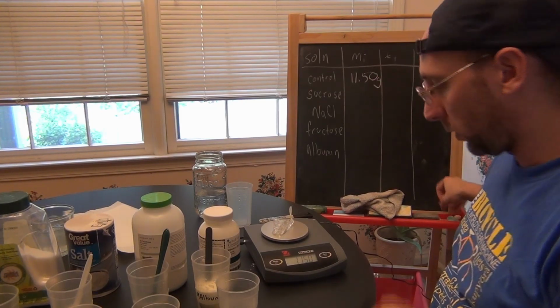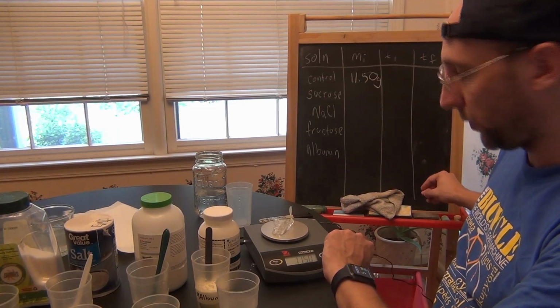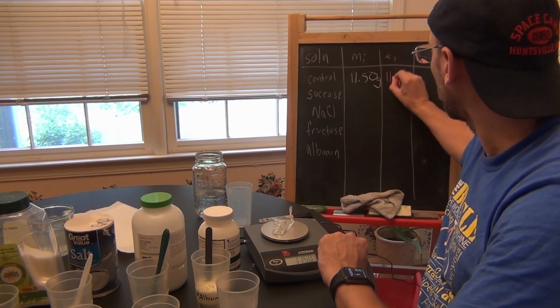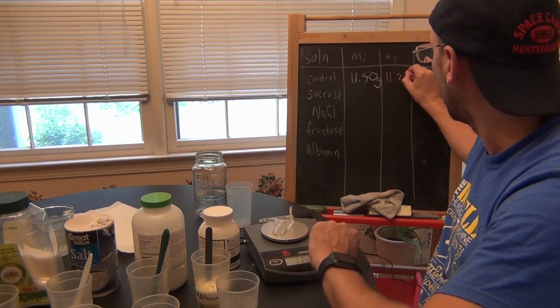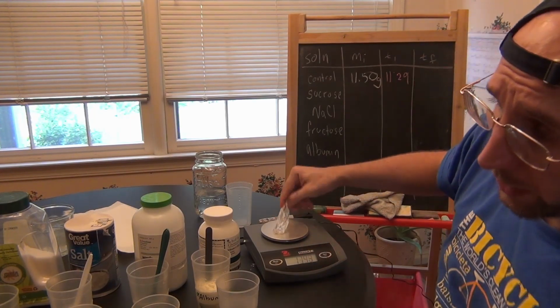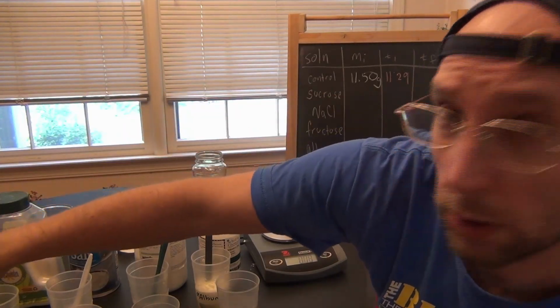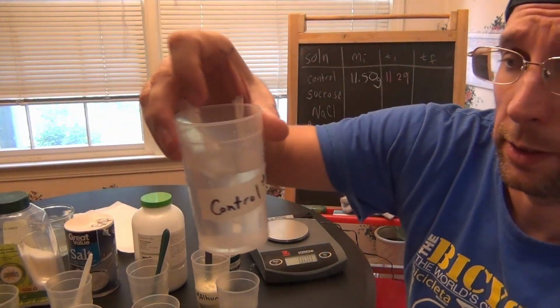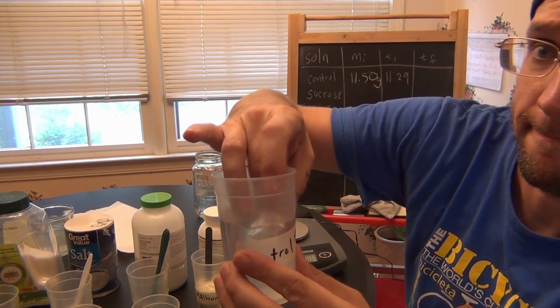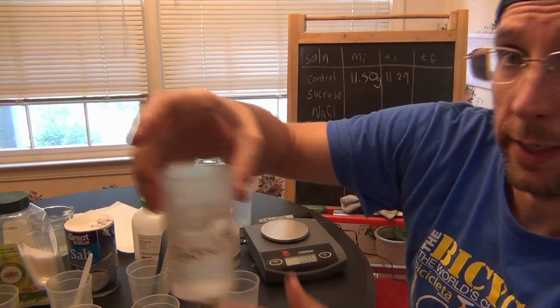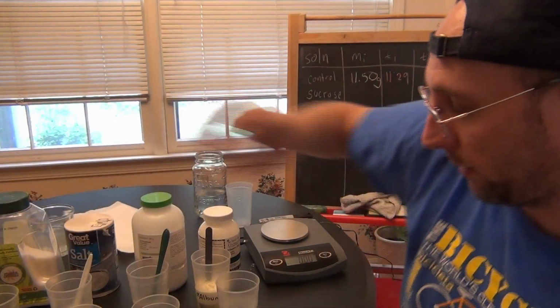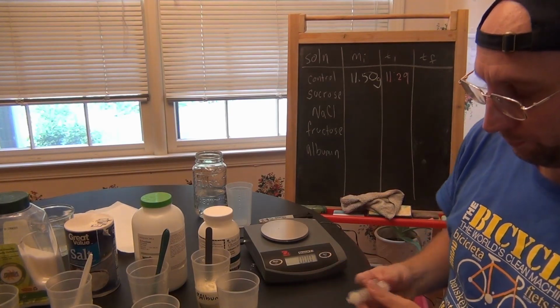And I'm going to also record the time that I actually put it into the container. So it's going to be 11:29 almost exactly. So I'm going to put that into my control container, and we'll push all the tips in. And we're going to let it sit for half an hour. I'm going to do the next one.